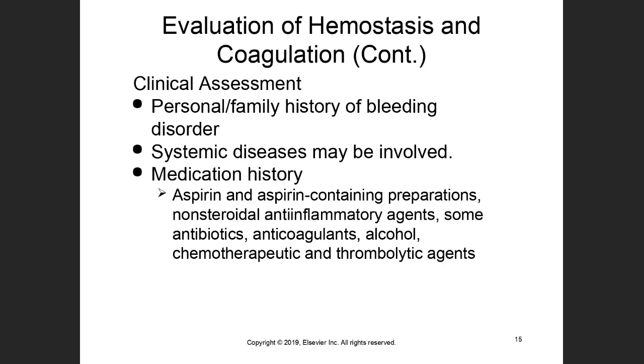Medication history, of course, because if you have a problem with bleeding, it could be because you are taking, for example, aspirin or a medication that contains aspirin, okay? Salicylate, okay? Remember that aspirin is acetylsalicylic acid, that is salicylate. Pepto-Bismol contains salicylate, so you have to be very careful.